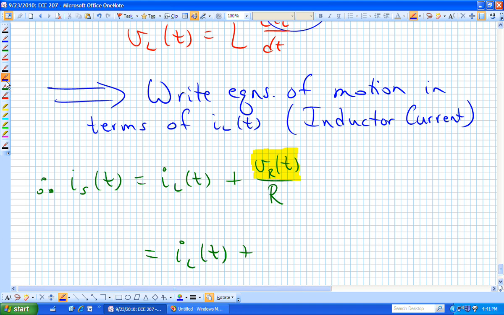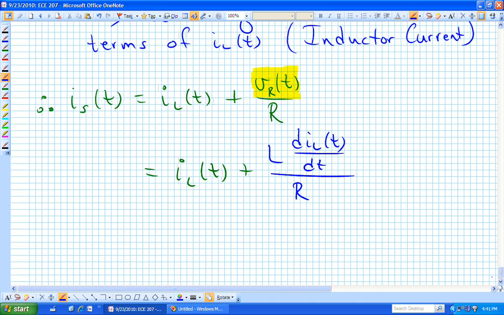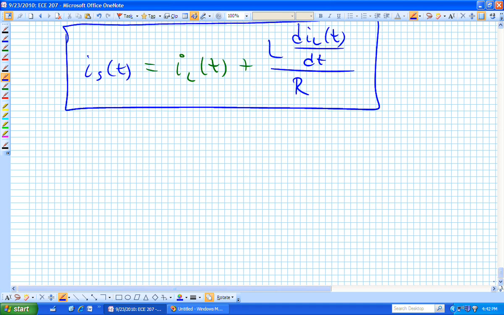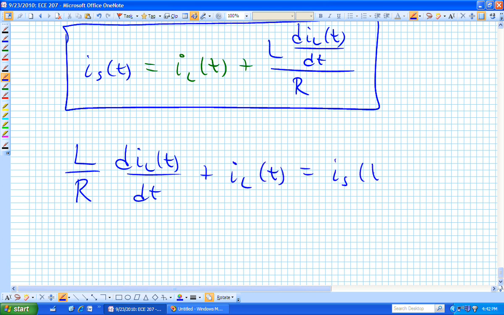V sub R is L di dt, meaning we now have L di sub L dt all over R. And that's actually what I need, right? That's a first order differential equation. I can clean that up a little bit: L over R di sub L dt plus I sub L of t equals I sub S of t.